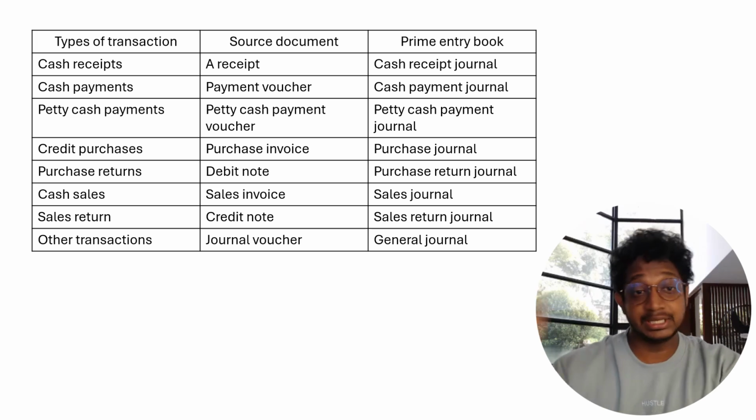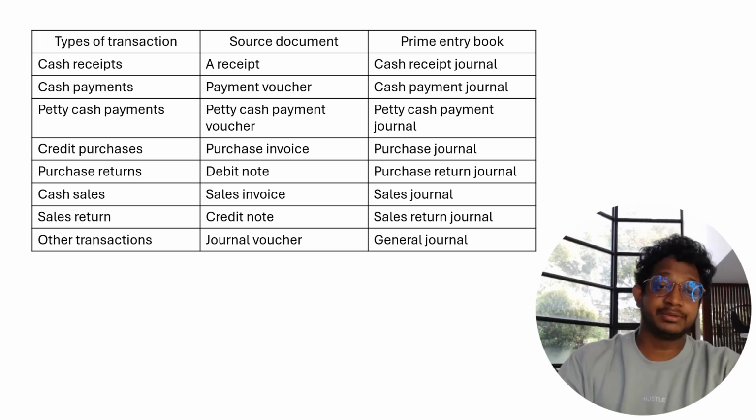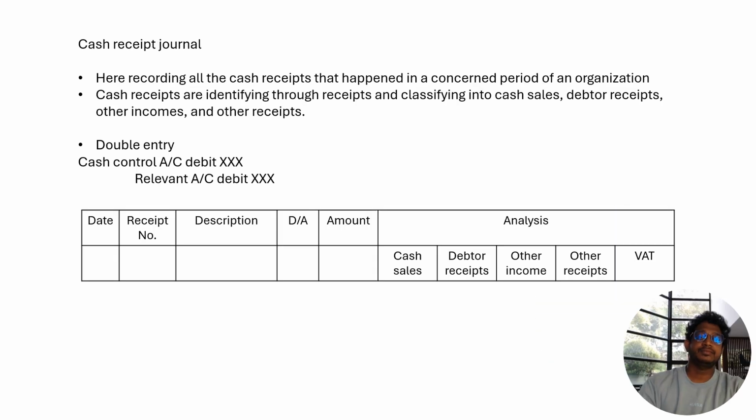Okay, so let's see each prime entry book separately. First, the cash receipt journal. In this case, you are recording all the cash receipts that happened in the concerned accounting period of an organization. Here the cash receipts are classified as cash sales, debtors' receipts, other income, and other receipts. And if the firm is registered for VAT, there is a separate VAT column as well. So: date, receipt number, description, discount allowed, and amount.